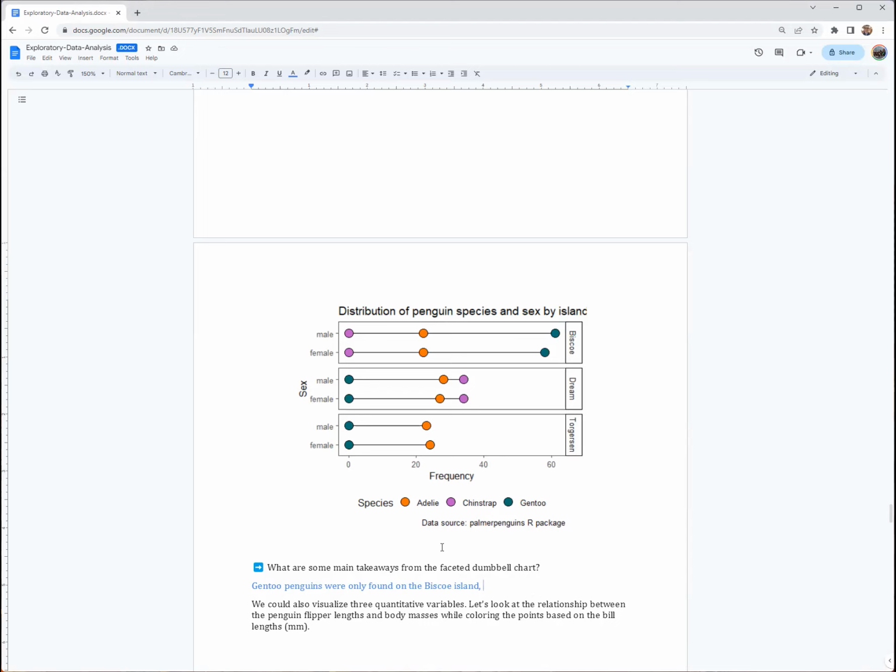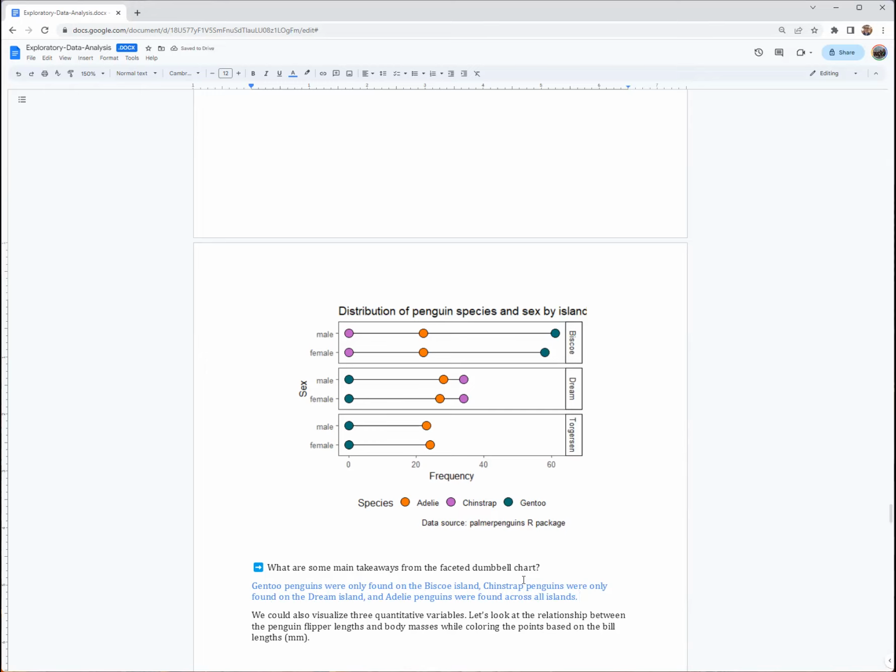So they're all 0 except the Dream Island. So Chinstrap penguins were only found on the Dream Island. And we mentioned this before, Adelie penguins were found across all islands.